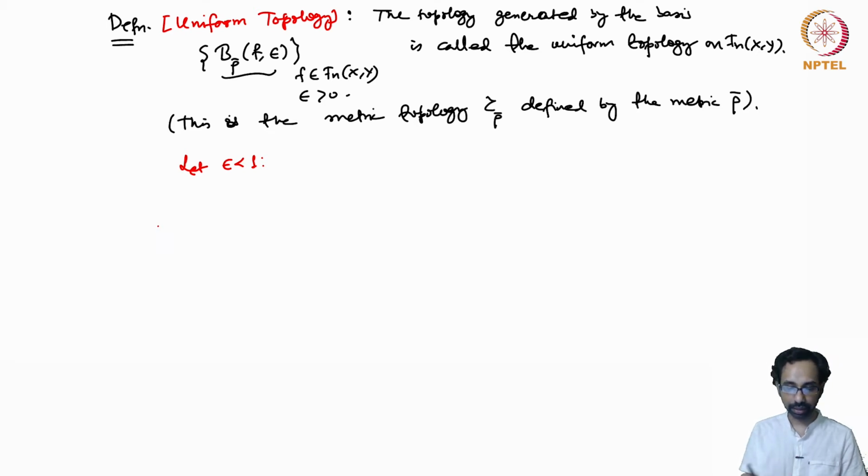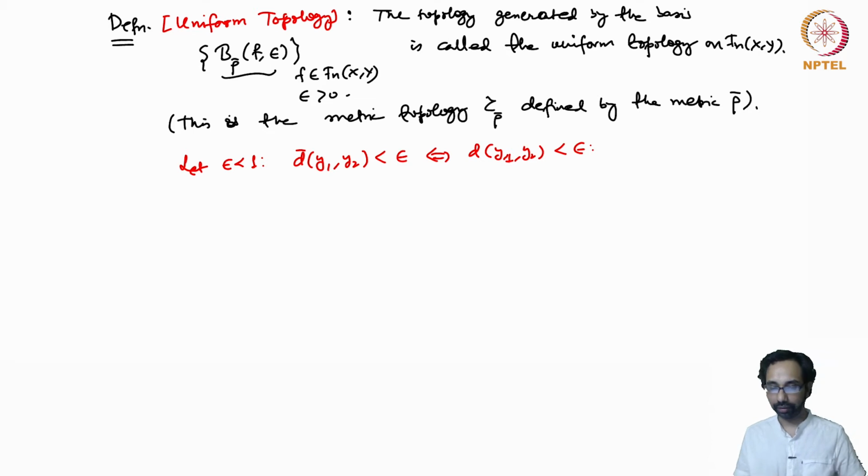In this case, d bar(y1, y2) less than epsilon is equivalent to d(y1, y2) less than epsilon. So if epsilon is less than 1, then d bar is simply going to be d.